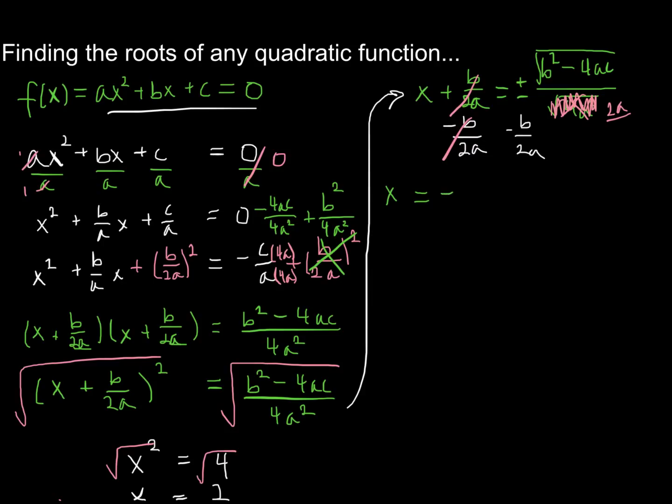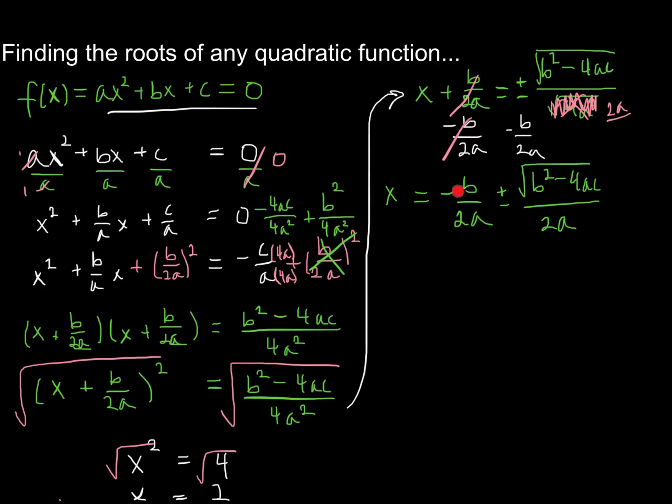So I have negative b over 2a plus or minus the square root of b squared minus 4ac all over 2a. And at this point, we've solved it, right? We have what the x value is that will make our function equal to 0.